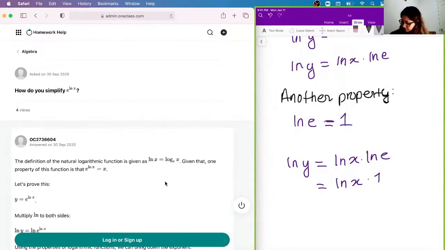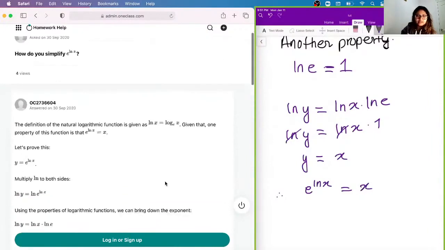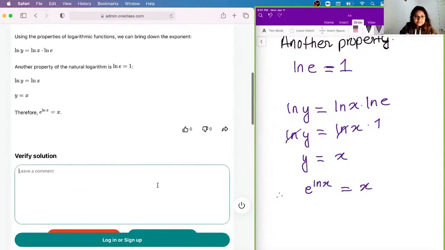And so your ln on both sides would get cut off, and what you're left with is just y is equal to x. And so therefore, you can say that e to the power of ln of x is equal to x. Not difficult, so the solution is correct.